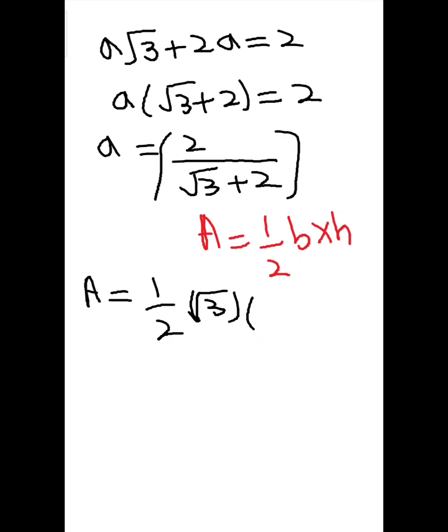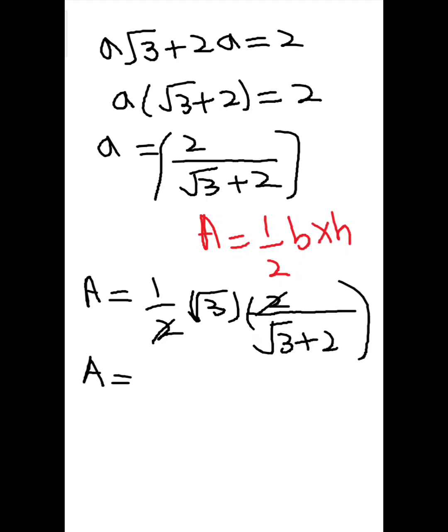Substituting the values of B and H, we get 1/2 times square root 3 times 2 over square root 3 plus 2. So here we can divide 2 by 2.